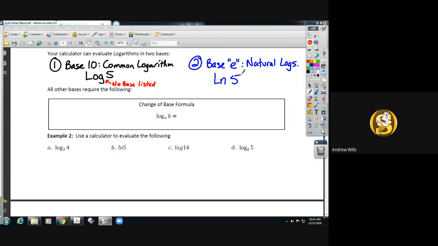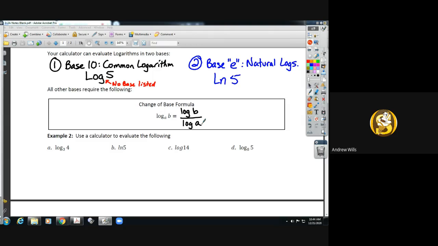Okay? Fortunately, there's a very simple fix. There's a formula in pre-calculus for logarithms called the change of base formula. It says if you have log base a of b, that is equal to the common logarithm of b divided by the common logarithm of a. Okay?